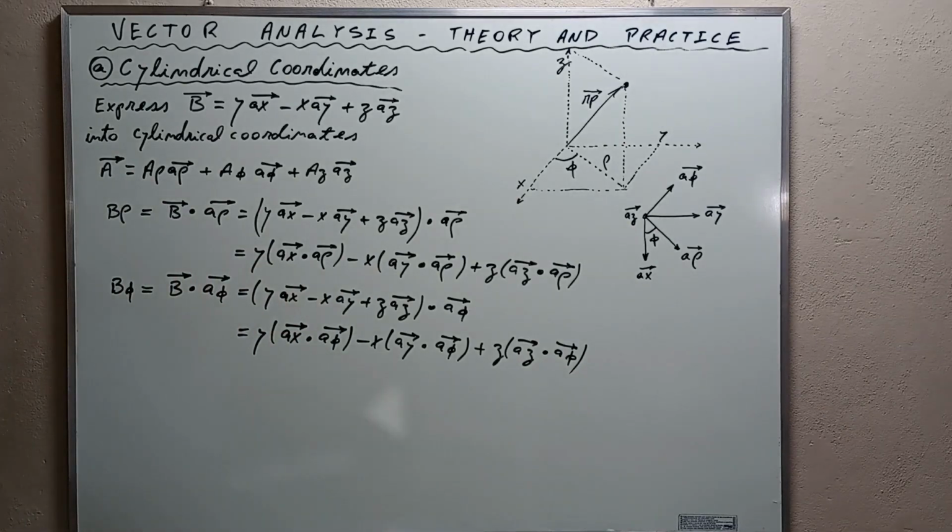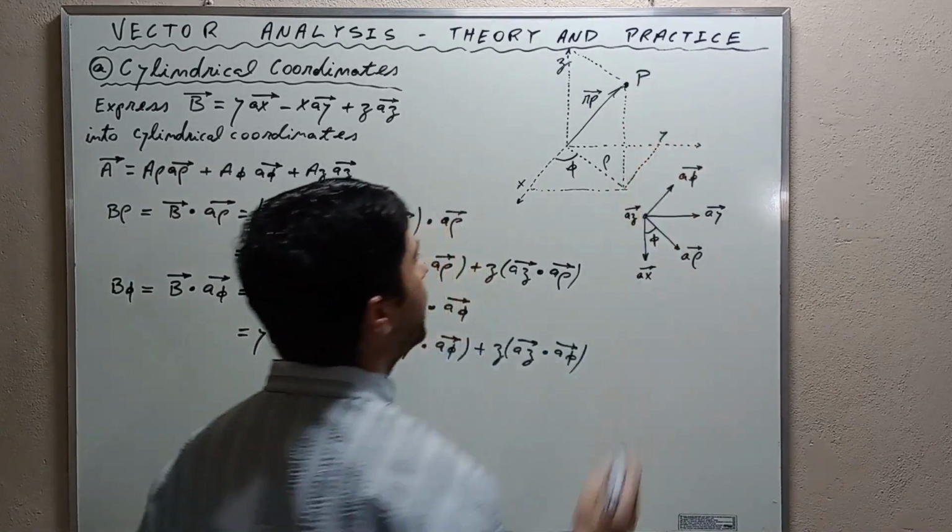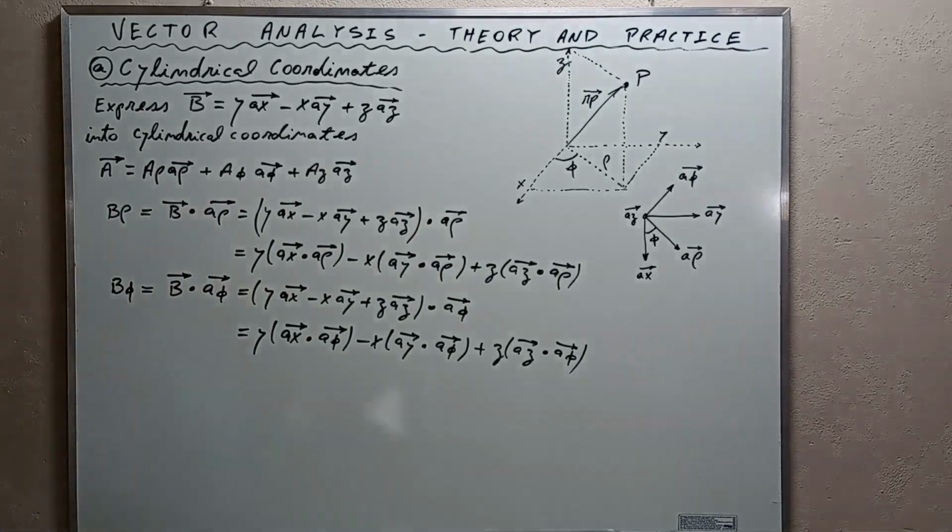Now let's understand the question graphically. See the point here, point P. It has components in the Cartesian coordinate system, and it has components in the cylindrical coordinate system.